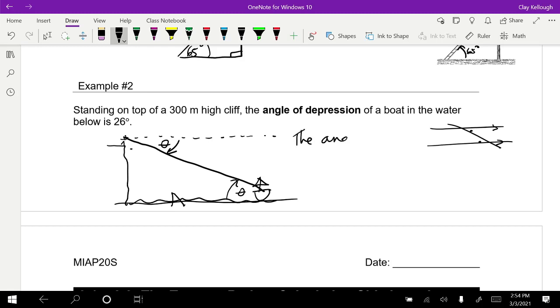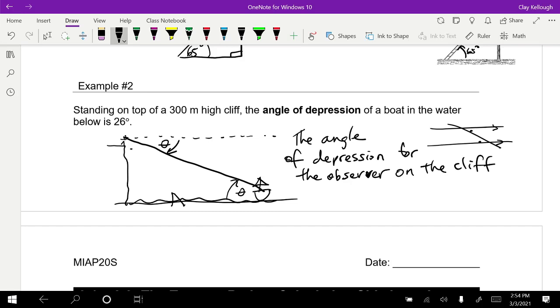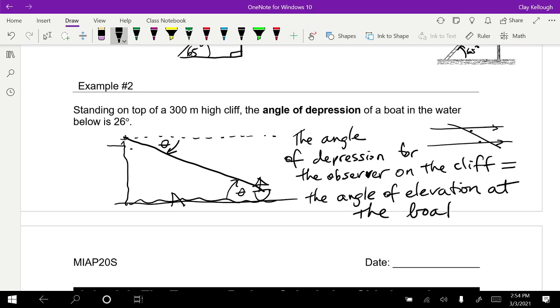How about this? The angle of depression for the observer on the cliff is equal to the angle of elevation at the boat, right?